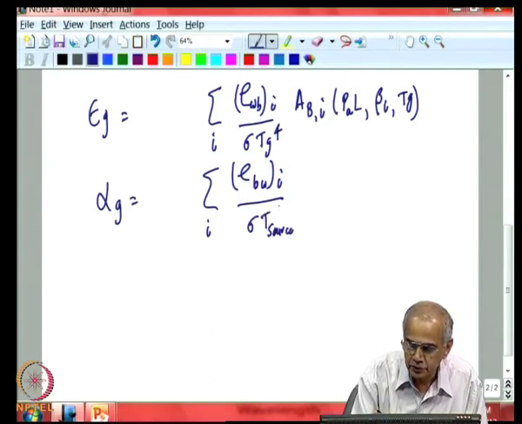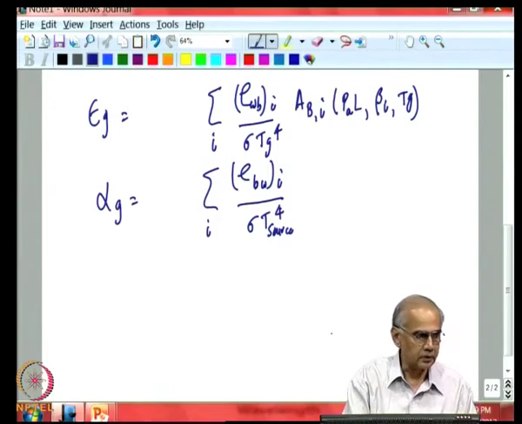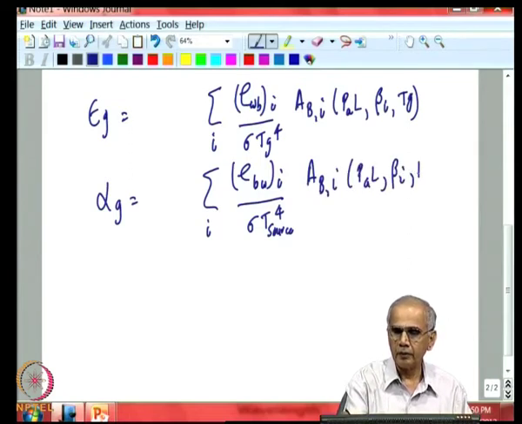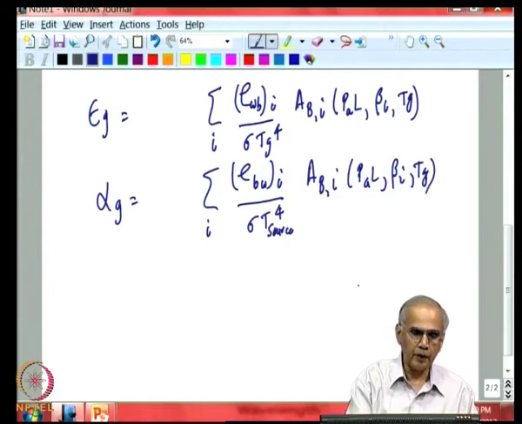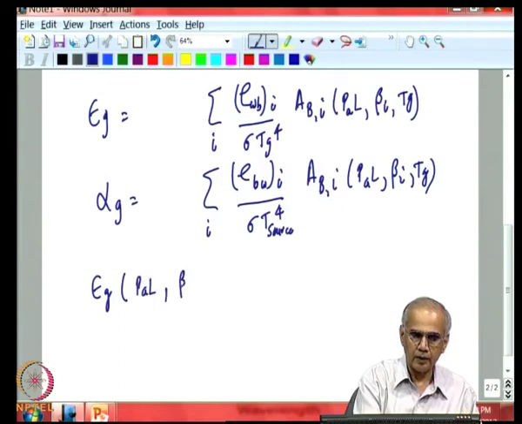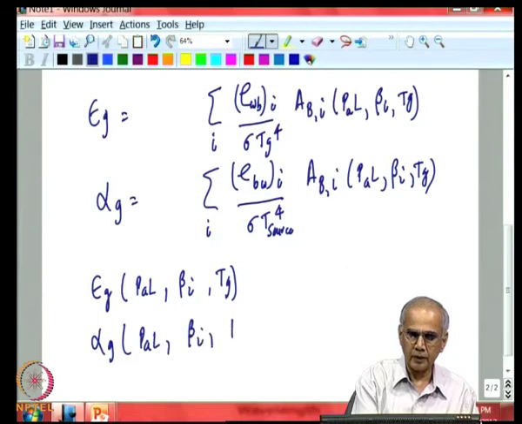For example, if the source is the sun, we will have to look at the sun's black body temperature, and then this part is the same, this part is a gas property. So, the key point we made was that emissivity was a function of path length, beta i, and temperature, while absorptivity was a function of path length, line structure parameter, gas temperature, and the source temperature.